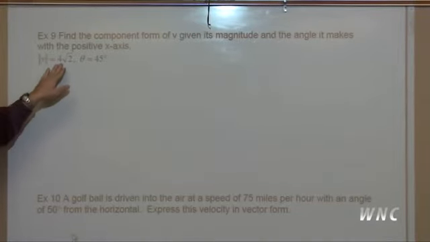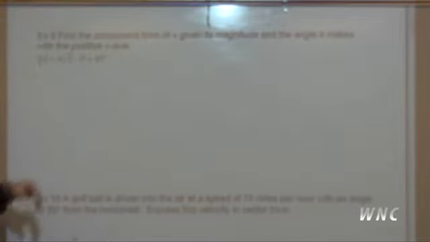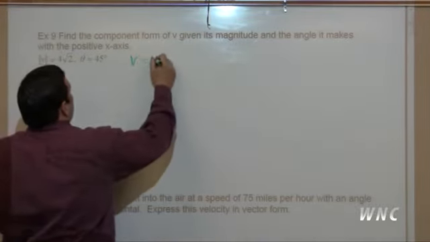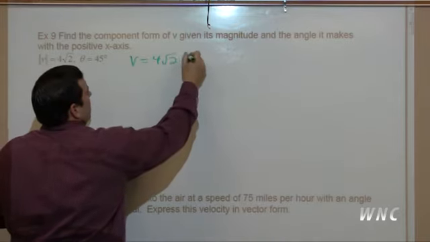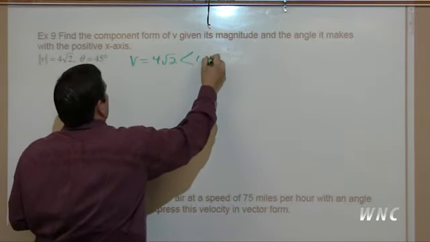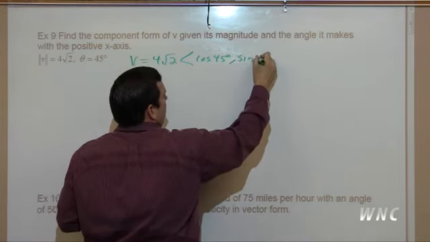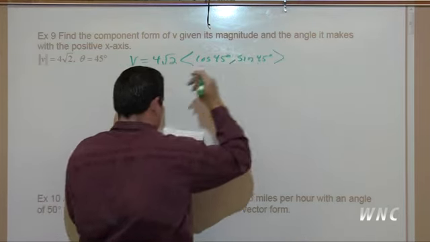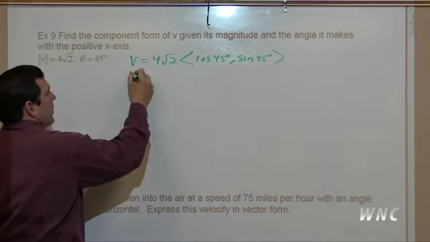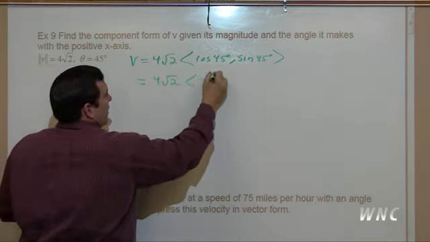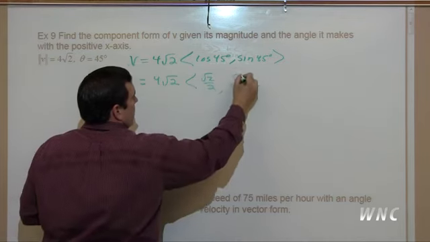Its magnitude is 4 times the square root of 2, and theta is 45 degrees. So v is going to be 4 times the square root of 2 times cosine 45 degrees, comma, sine 45 degrees. That's going to be 4 times the square root of 2 times the square root of 2 over 2, comma, square root of 2 over 2.